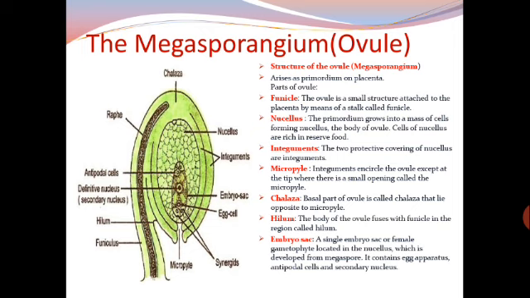Chalaza is the basal part of the ovule, opposite the micropyle. Hilum is the region where the ovule fuses with the funicle, and the important part is the embryo sac, which is the female gametophyte. So the structure of the megasporangium is very important.